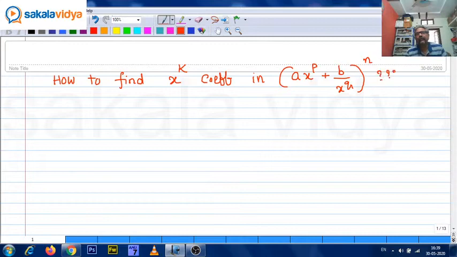This is the question. This is very, very important. The coefficient of x^k in the given expansion we need to find. How to find that? Okay, let me explain this one.